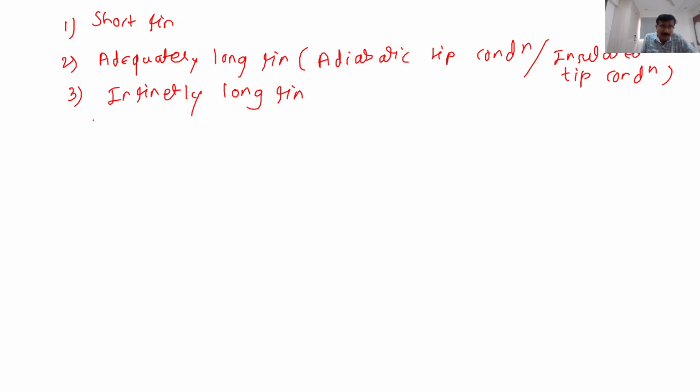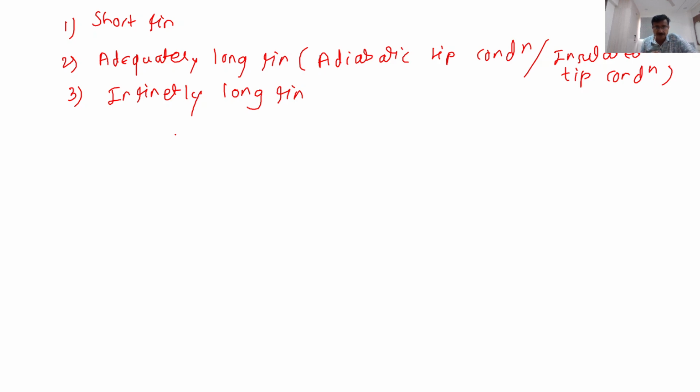So, what is meant by short fin? If the cross-sectional dimension of the fin is greater than the length of the fin, base to tip distance, then the fin is classified under short fin. This I have already taught to you. Now, what is adequately long fin?